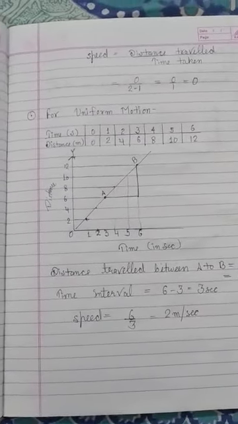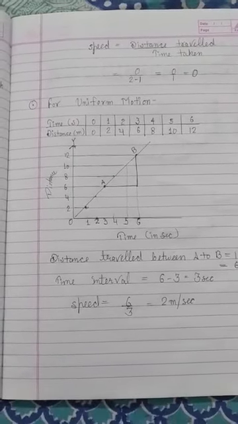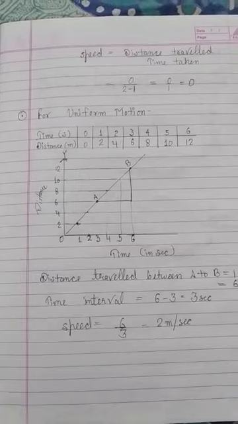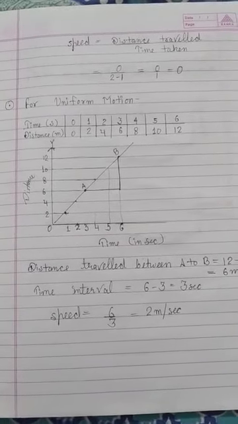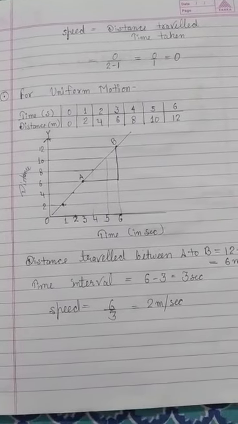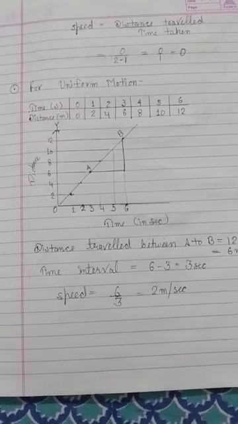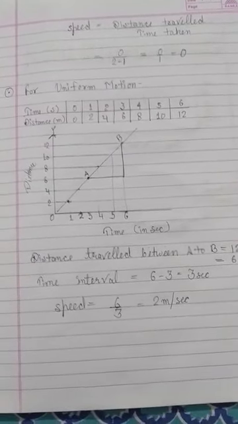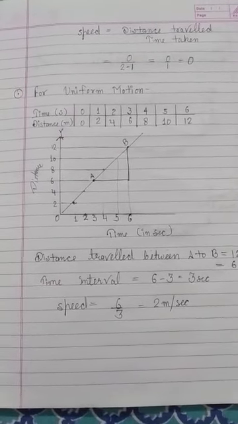Now the next graph we are drawing is for uniform motion. Again, we have taken some values of time and distance, and we will plot a graph between distance and time. Again, we have taken the values of time on the x-axis and distance on the y-axis. Now we will start plotting the graph.